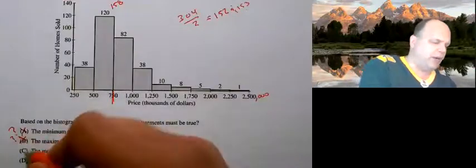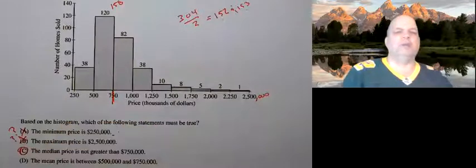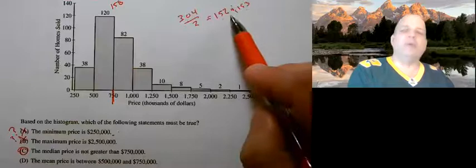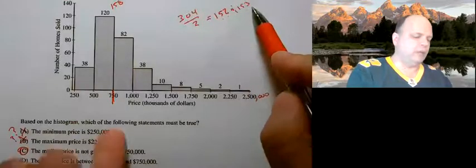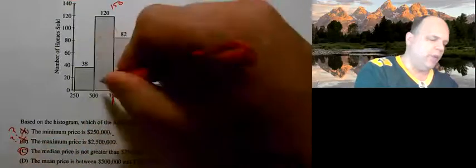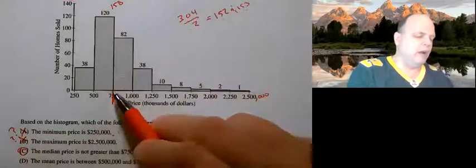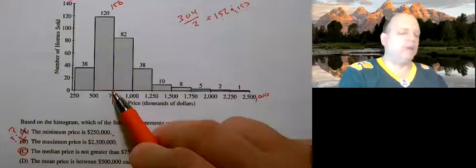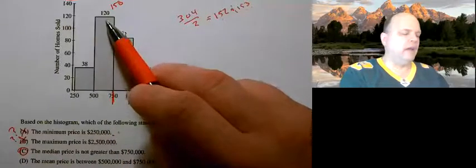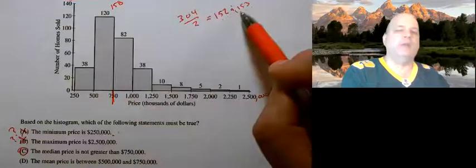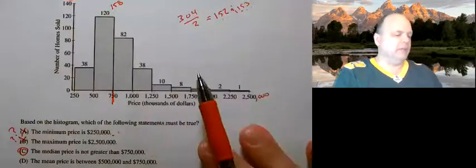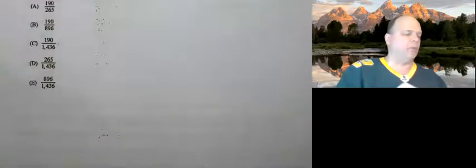So the median price is below 750, because I needed a value between 152 and 153, which falls in this bin. Even though this bin goes all the way to 158, it's the first bin that crossed over the 153 mark, so it had to be within that bin. All right, so that's problem number 1.